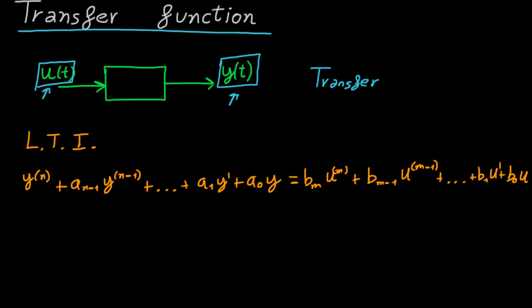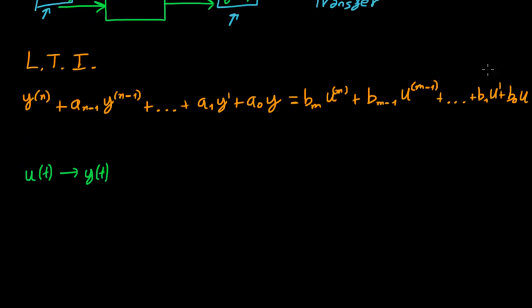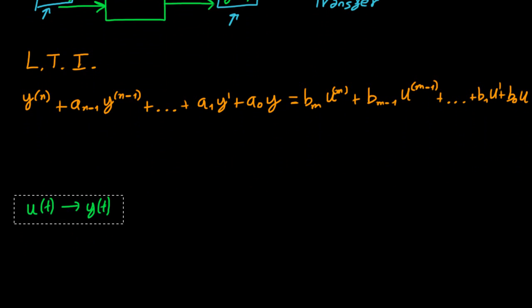So now if we are given the input of the system, some u of t, we can solve the differential equation and get the output y of t. And we know that one way to do so is by applying the Laplace transform on the differential equation. So if we do that, for example, the term corresponding to the nth derivative is transformed as capital Y of s times s to the nth power.